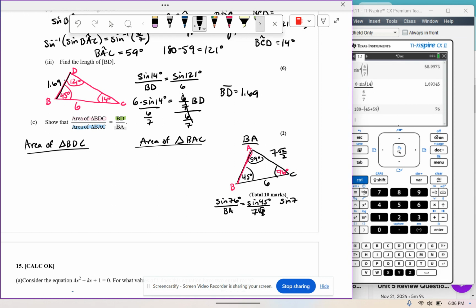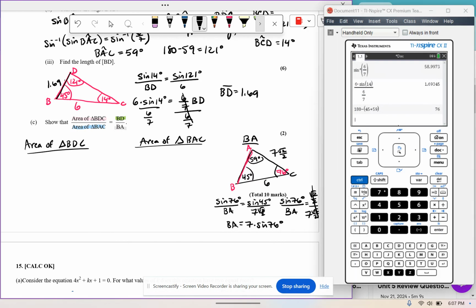So I have the sine of 76 over BA is equal to rad 2 over 2 over 7 rad 2 over 2. These cancel. So now I have BA times 1 is equal to 7 times the sine of 76. So I just cross multiplied.